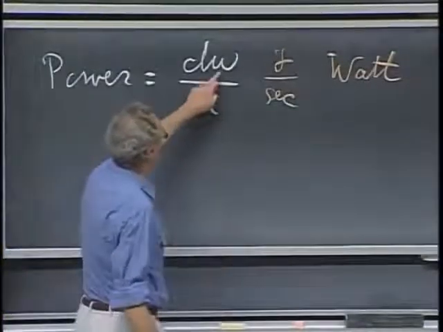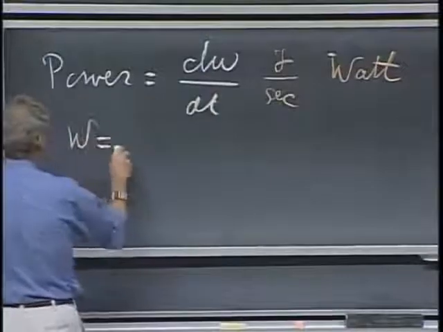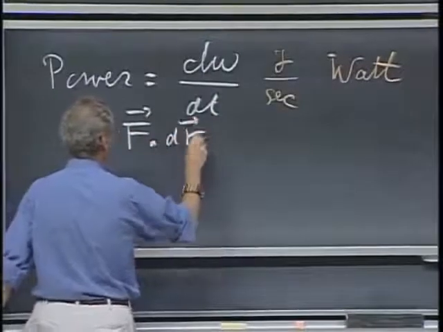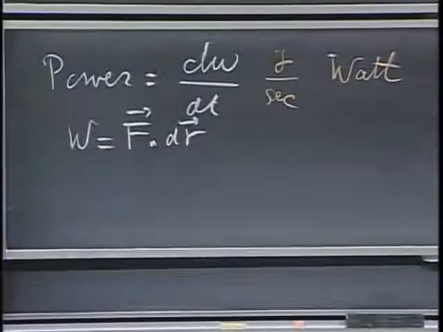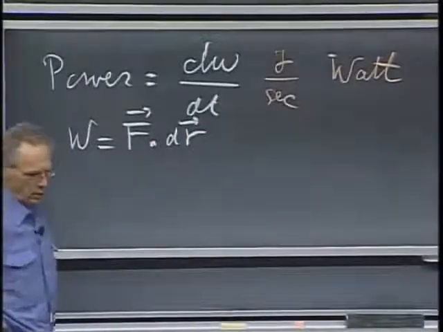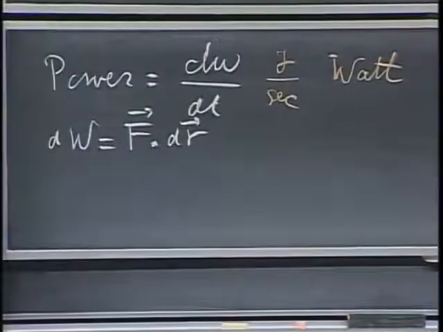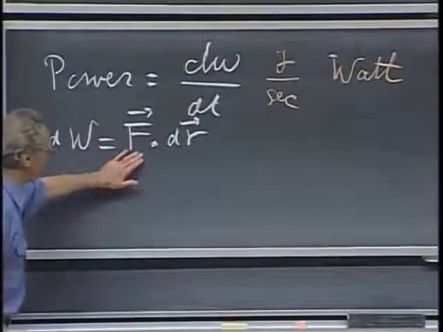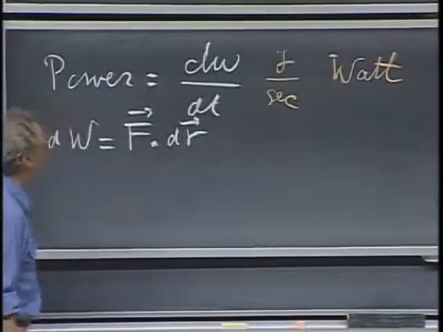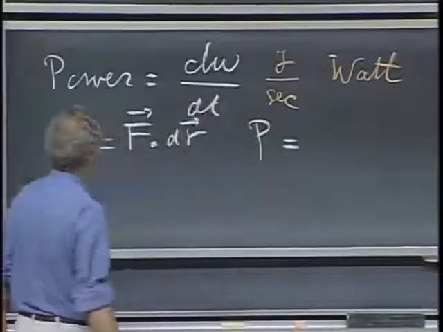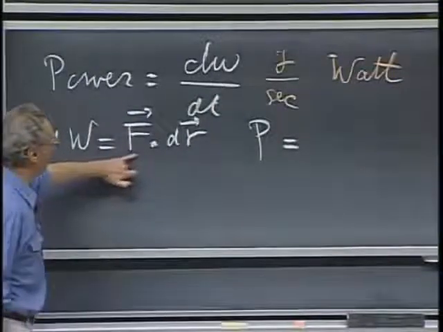Now, the work that the force is doing is the dot product between the force and the displacement. We have dealt with that before. That is a little bit of work that I'm doing, right? I have a force which is constant during a small displacement. And so I can substitute that in there, and I get that the power is the derivative of this versus time.